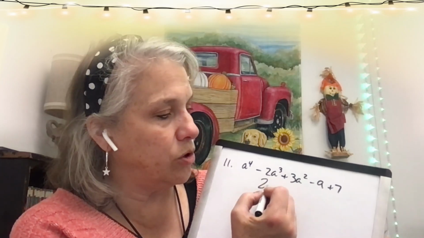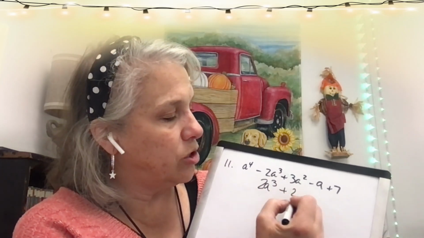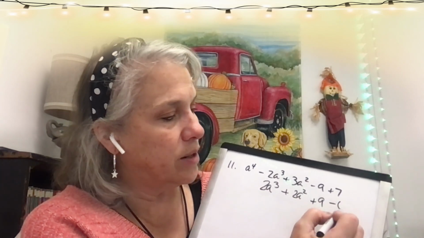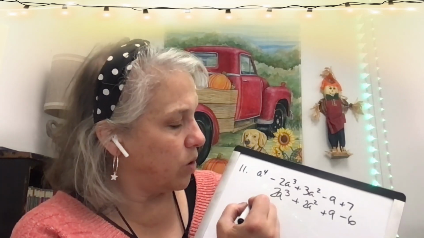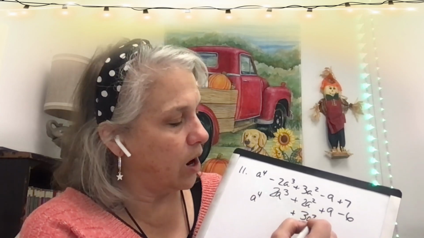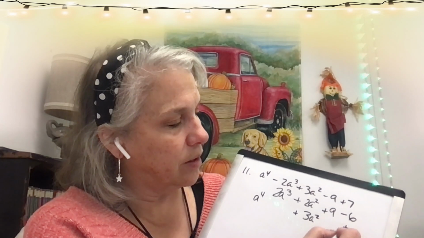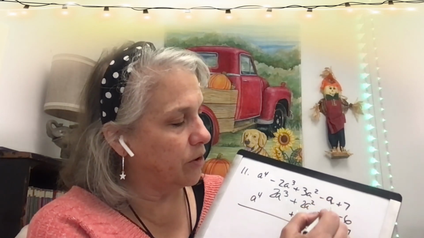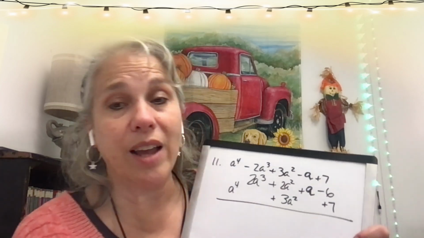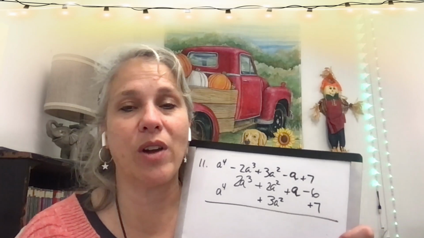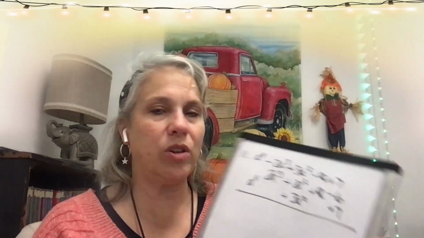So 2a cubed plus 2a squared plus a minus 6. The next one is a to the 4th plus 3a squared plus 7. Now, this is an a, so you've got to be careful to make your a's like a's and not 9s. Sometimes it can get confusing. That's why you have to write very clearly so you know what you're doing.